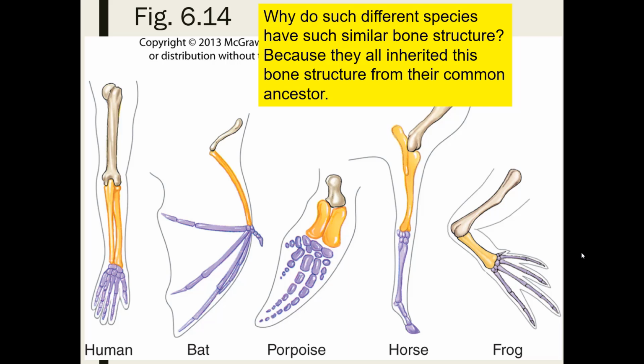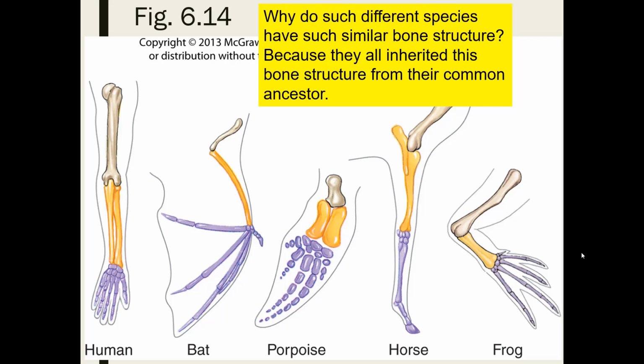And so you can see that in your arm, but if you look in the wing of a bat, you see the same thing. If you look in the flipper of a porpoise, you see the same thing: the one bone, the two bones, the wristy bones, and the phalanges. In the leg of a horse or the leg of a frog, you can see how their underlying structure is the same, and it's color-coded here to show you that. But of course, you can see how they've been modified, right?